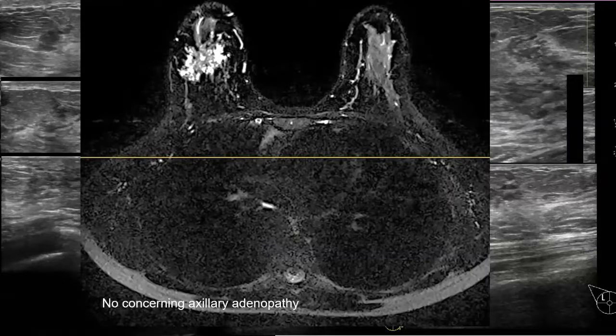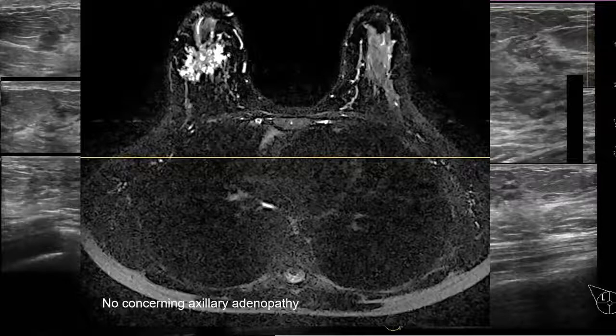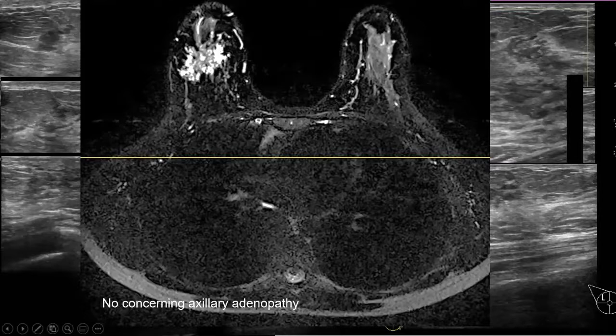Again for biopsy. Yeah, it looks like a spiculated heterogeneously enhancing mass, and the biopsy result was sclerosing adenosis. Sclerosing. Okay, focal tagging.